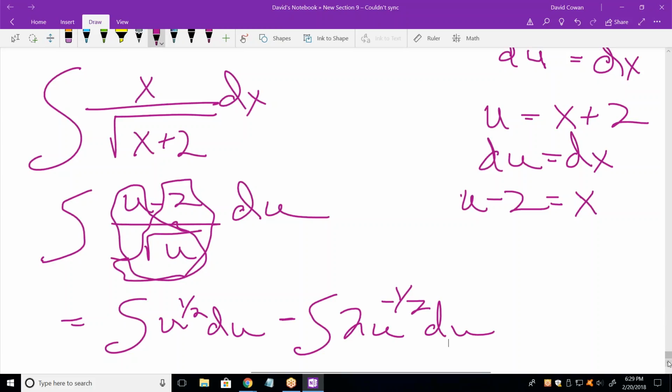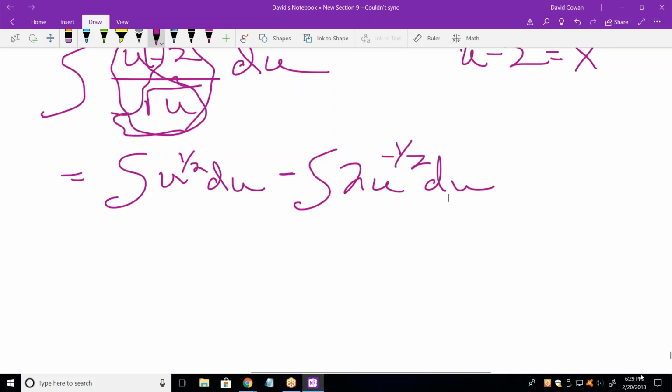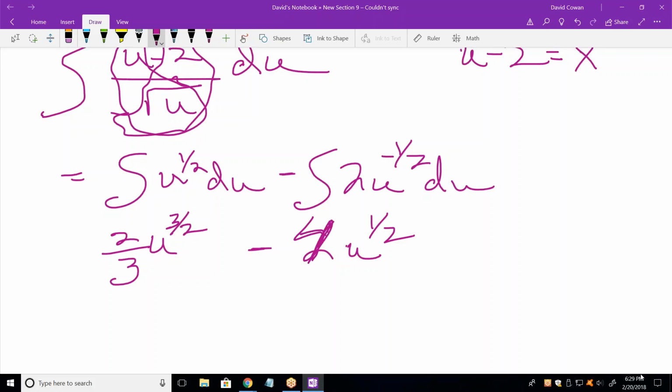If ever you don't understand what I did, stop me. Okay. Well, this is pretty easy. That's just u. I add 1 to the exponent, divide by that, same as multiplying by 2/3. This one is I add 1 to the exponent, divide by 1/2, same as multiplying by 2.